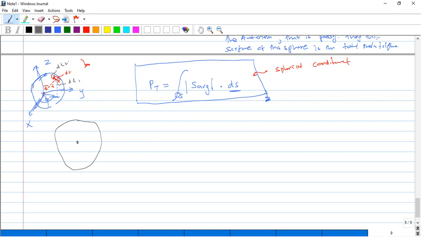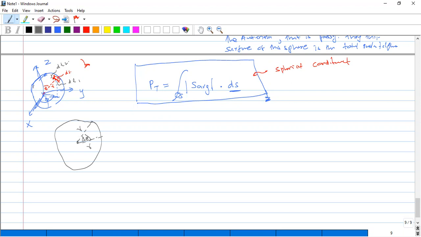If you consider a very small d theta, theta is in the ZY plane. So if you have considered a very small angle, this is the radius of the sphere.